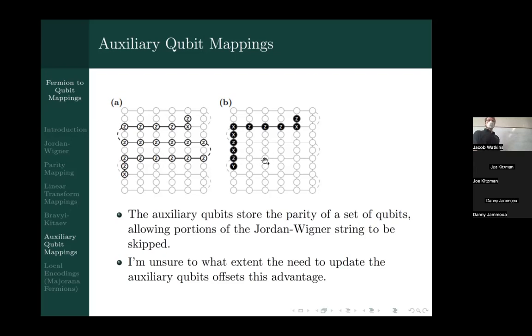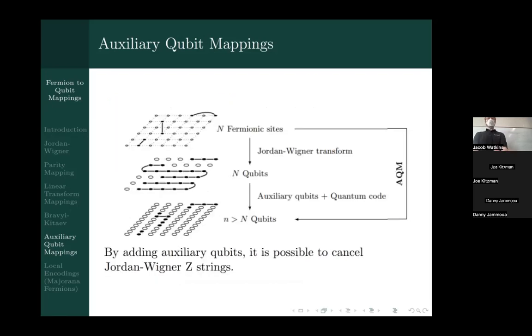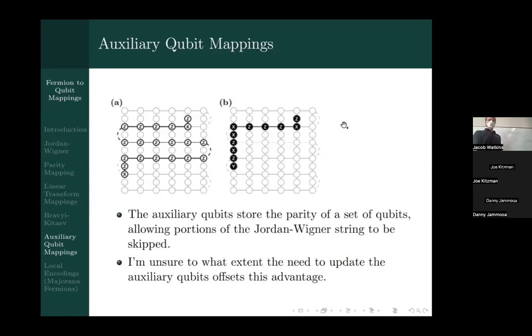It's dependent on the application. So this is going back to Jordan-Wigner with an identity matrix mapping between the fermions and the qubits. Of course, you could use the other linear mappings. It's just easiest to understand this with Jordan-Wigner. But basically, if you updated this fermion, this auxiliary qubit would probably also need to be updated.